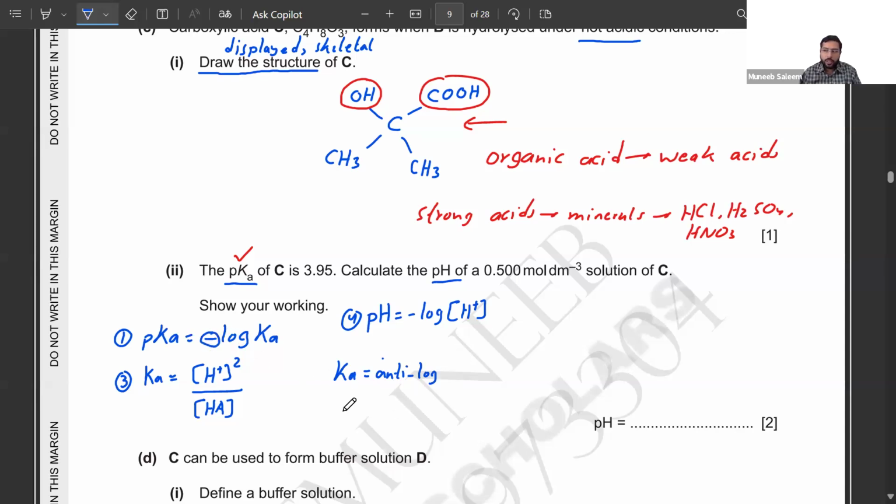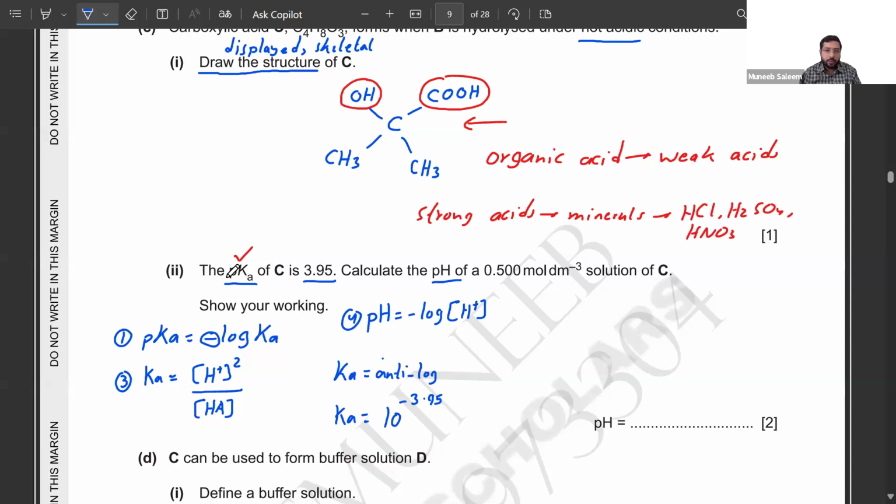So Ka will now become, we have to apply the anti-log of 3.95. So it should be written like 10 to the raised power minus 3.95.